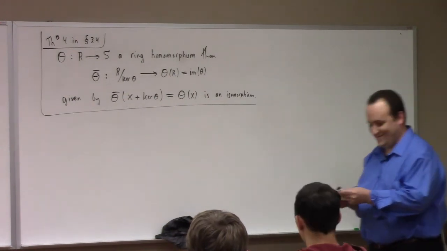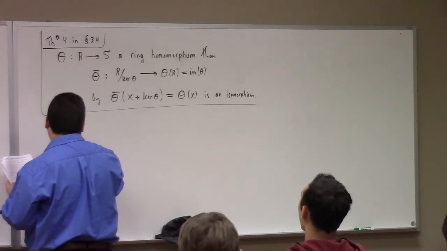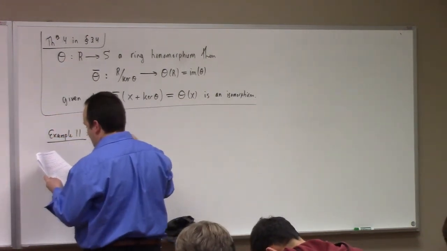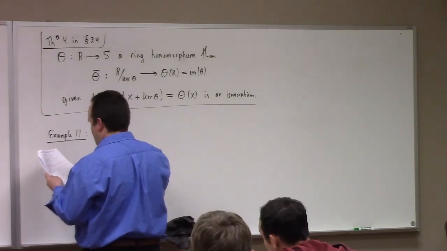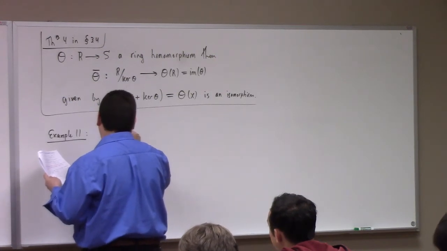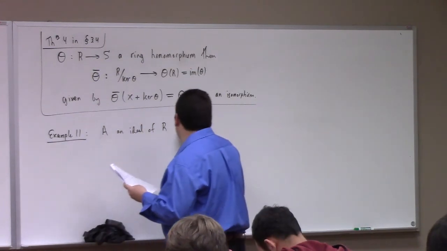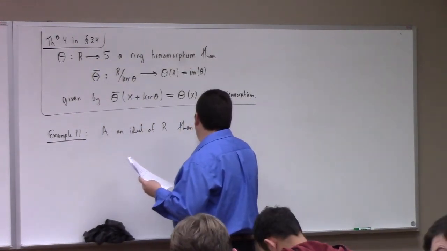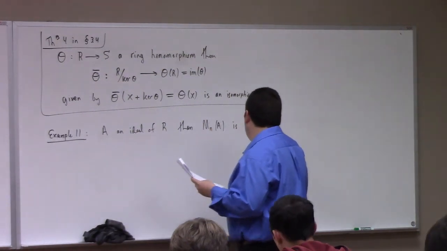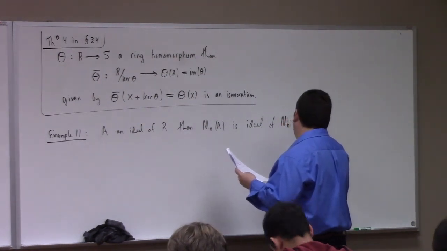Check this out. This is example 11. Example 11 asks us to show that if A is an ideal of R, then Mn(A) is an ideal of Mn(R).